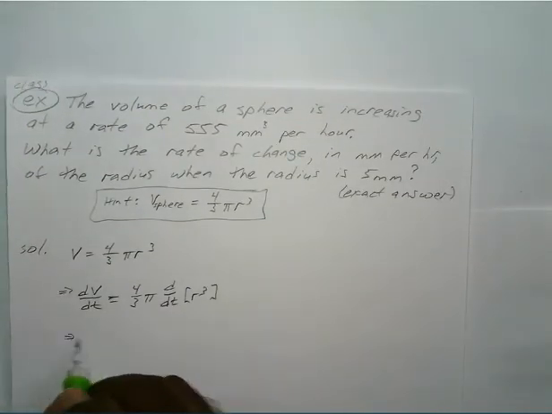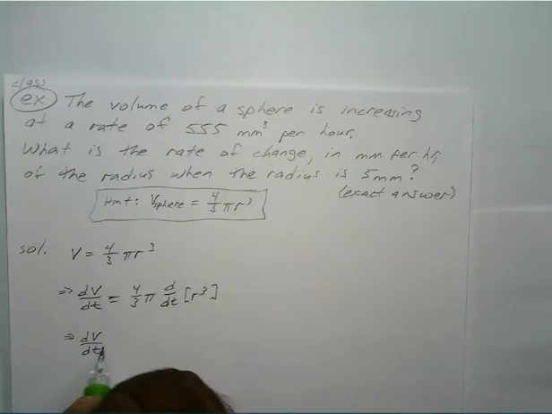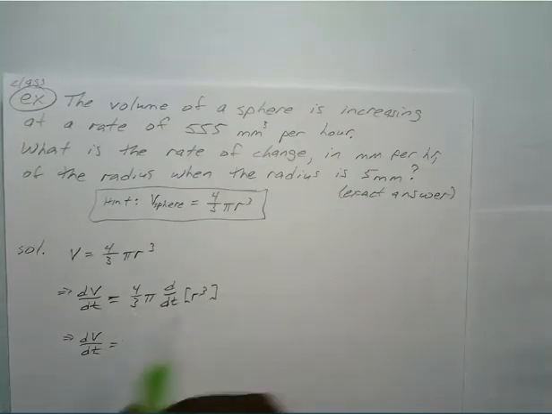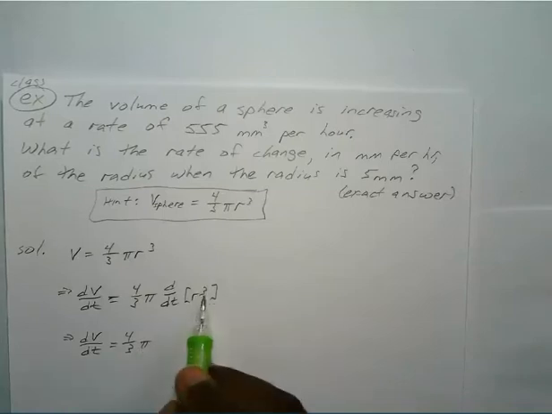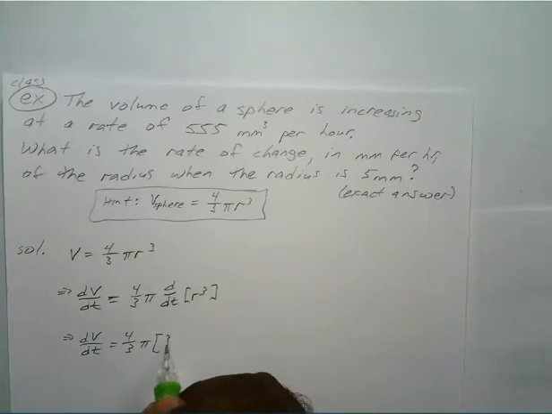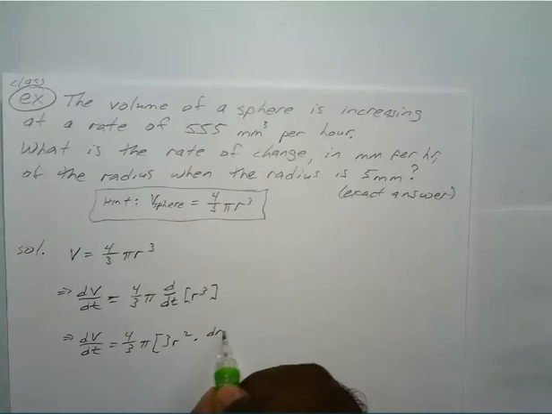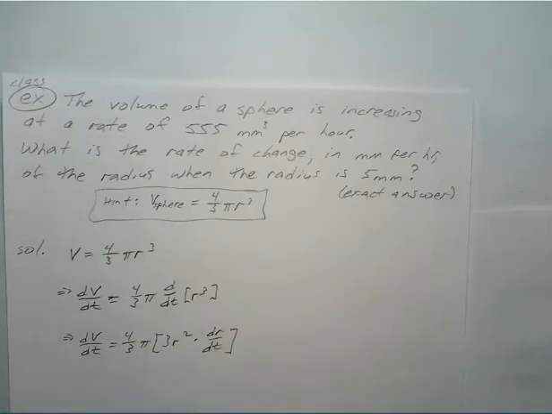Okay, so that means your rate of change of the volume with respect to time is 4 over 3 pi, derivative with respect to t of r to the third, that would give us 3r squared times your dr/dt. Okay, so if we go ahead and simplify that, because those two 3's cancel each other out, your rate of change of the volume with respect to time is going to be 4 pi times your radius squared times your dr/dt.